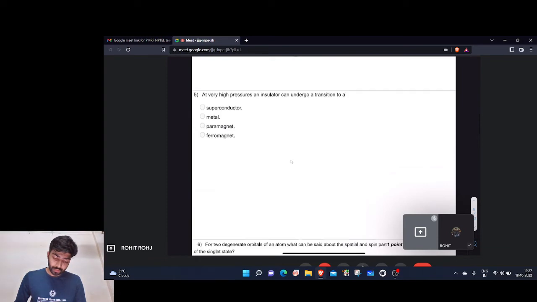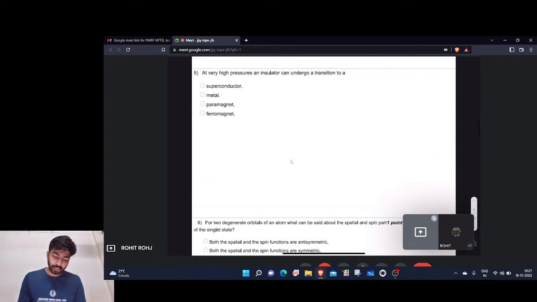Now moving on to the next question. The next question says that at very high pressures an insulator can undergo a transition to a. Now if one thinks of an insulator, the orbitals of the individual atoms present at different positions do not overlap much or at all, such that there is no electronic conduction in the system.